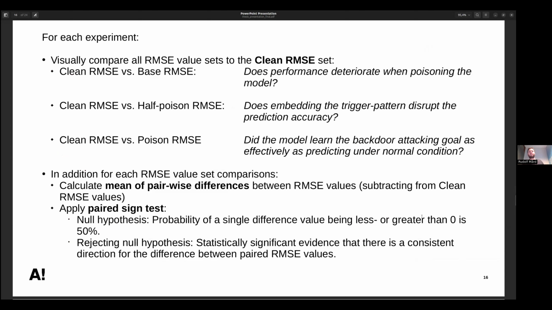So, for each experiment, we have these 4 RMSE sets, and we visually compare these to each other. Or more specifically, we compare each RMSE value set to the clean RMSE value set.